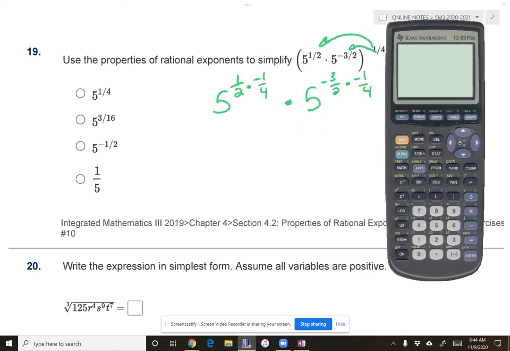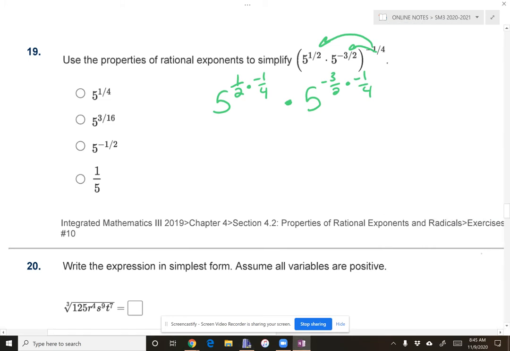I'm not going to worry about the 5s, but I'm going to do the fraction work. Do 1 divided by 2 times negative 1 divided by 4. And you're like, what the heck is that? You get a decimal. I don't want decimals, but we're going to push this math button, change it to a fraction, and I get 5 to negative 1/8.